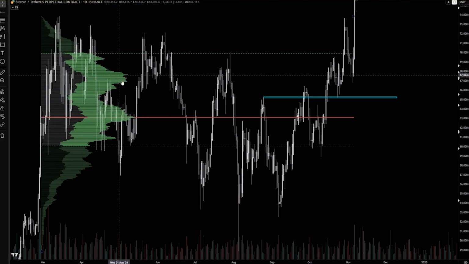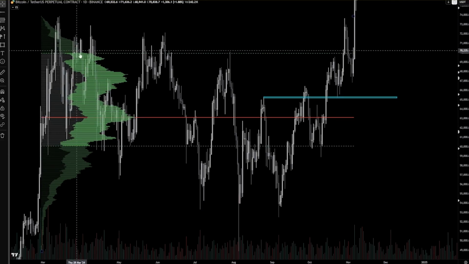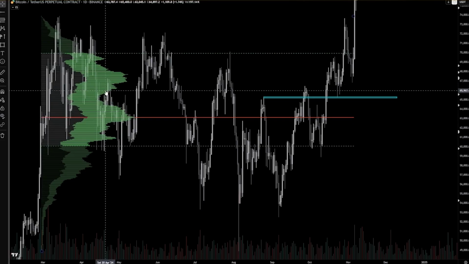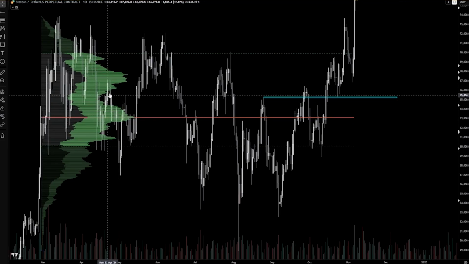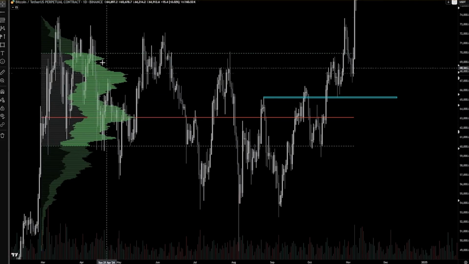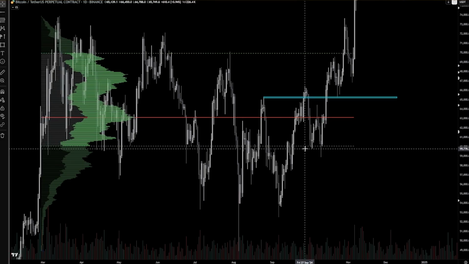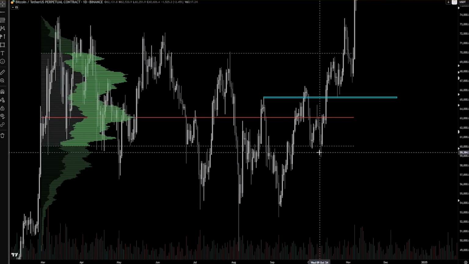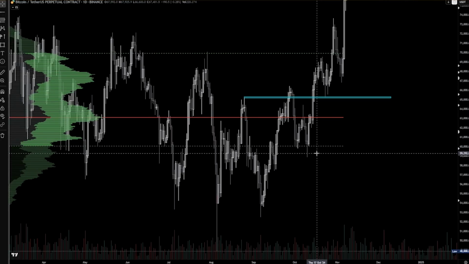That D shape, or kind of rounded profile, not very thin pockets in the overall structure, but the price has a very high affinity to rotate when price is range bound.